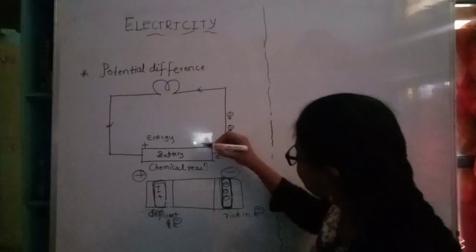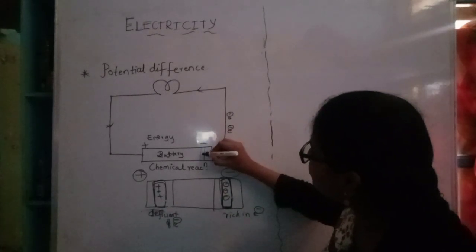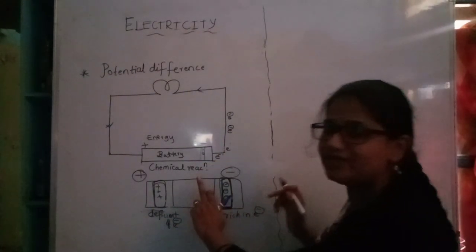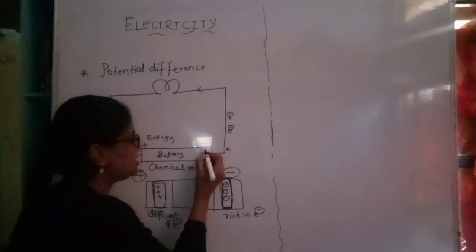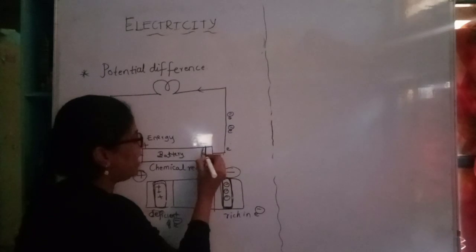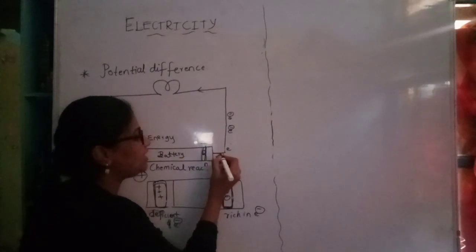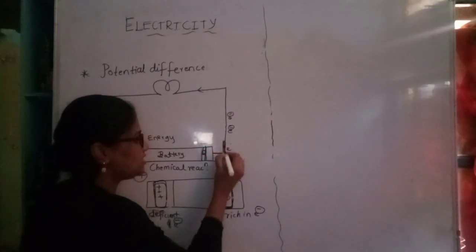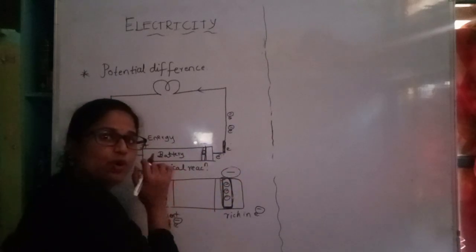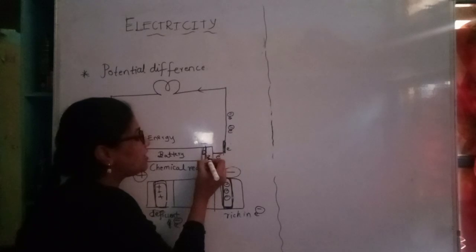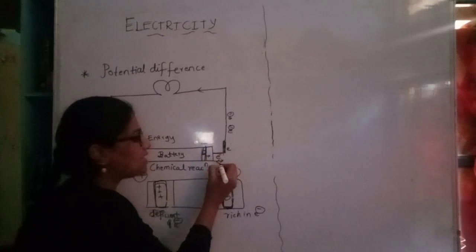As this end has the negative charges, and the conducting wire, suppose it is copper, also has negative charges, there will be a repulsion between these charges.